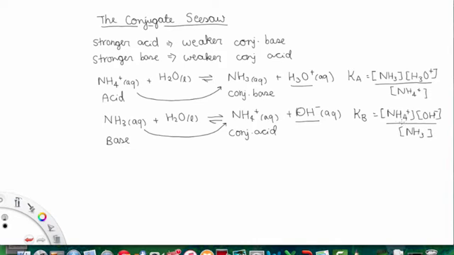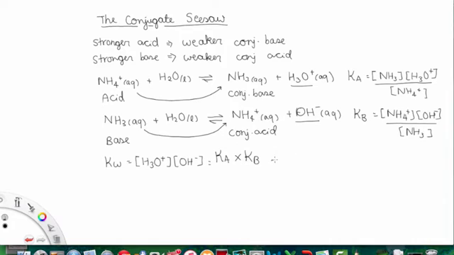From here, I'm going to derive the Kw equation. Remember, Kw was the concentration of H3O+ times OH-. And this is also going to be written as Ka times Kb. Why?